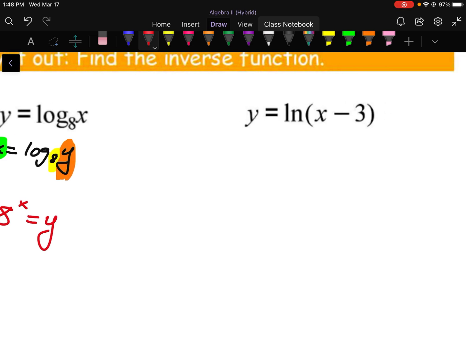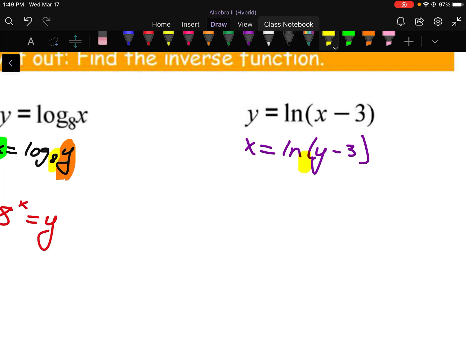So if we try another one, we have x equals the natural log of y minus 3. So we want to rewrite this as an exponent. Now, this is going to be a good refresher for you. You start with your base here.